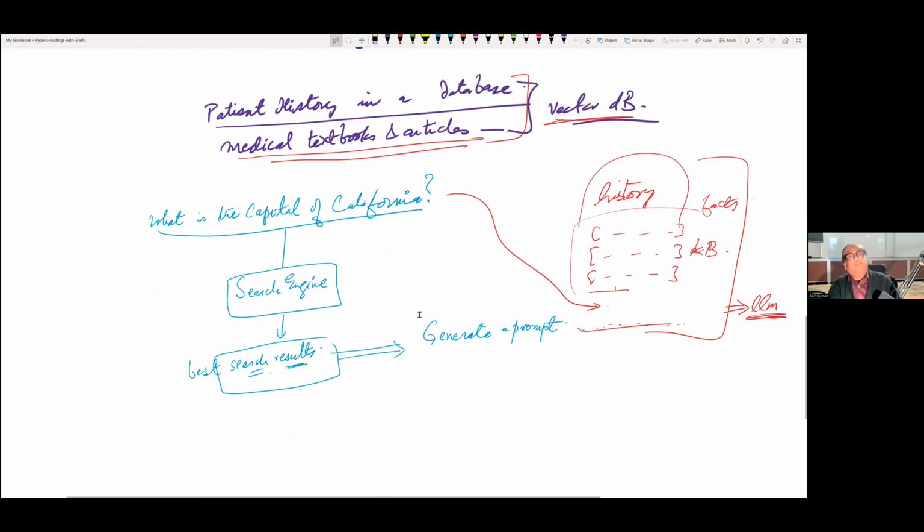On the other hand, if it is a question for which the search has no answer, because the knowledge base that you have, and usually these knowledge bases are very unique to your company. Most often, enterprises will not share their documents with any public service or OpenAI or anybody. They would say, no, these are our secret documents.